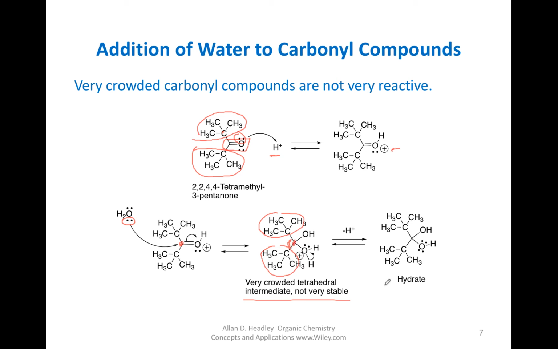So this intermediate is not very stable. It will give the product, but this molecule here is not very reactive because of the bulkiness of the groups around it, or we could say because the tetrahedral intermediate is not stable.